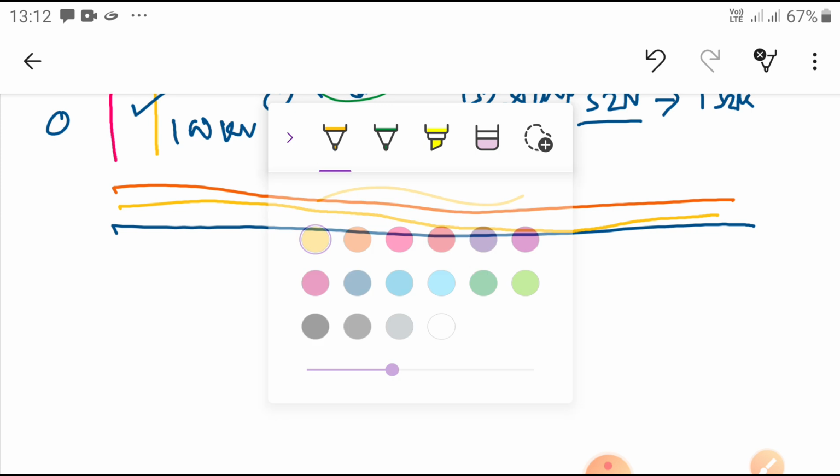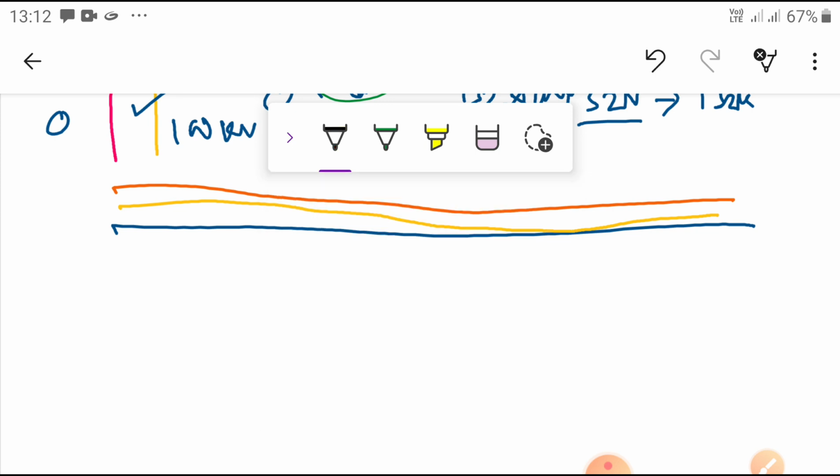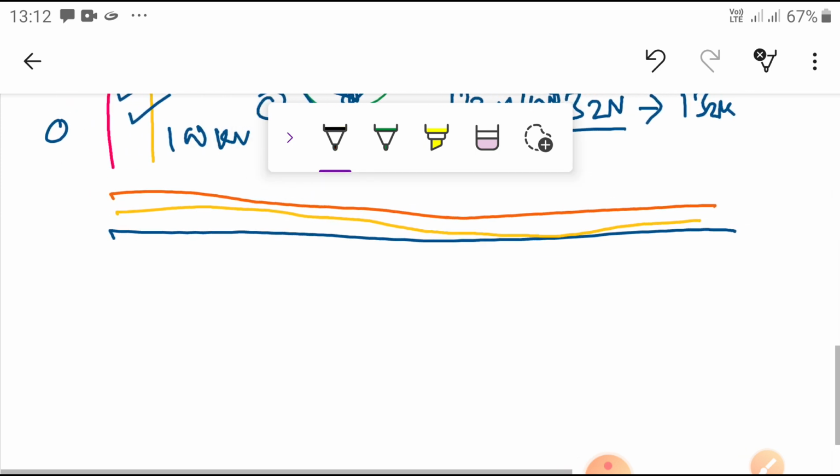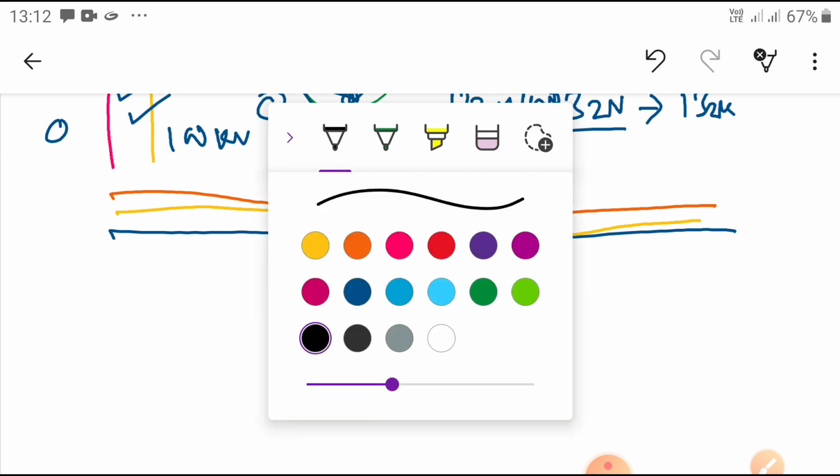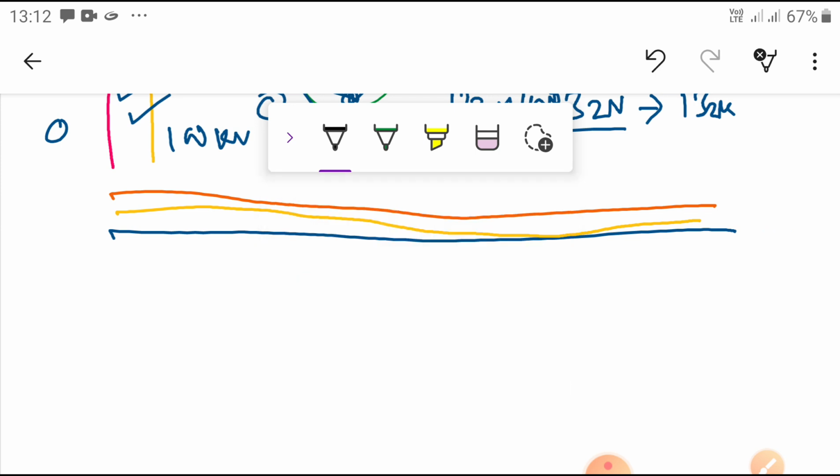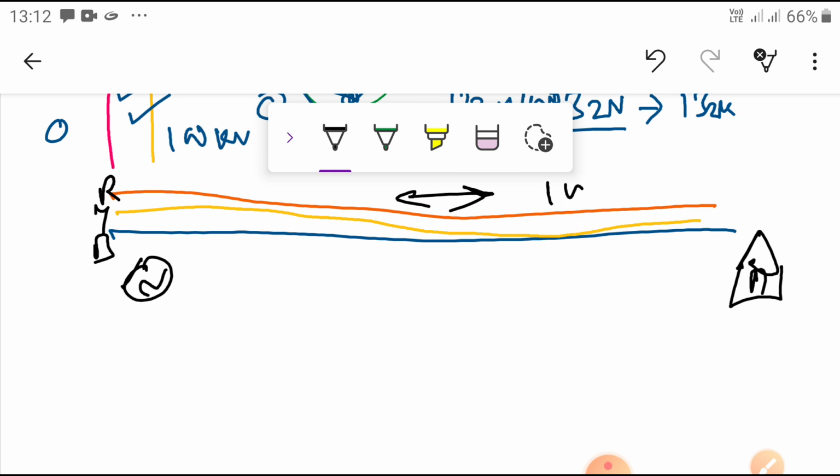So here R phase, Y phase, B phase. Suppose this is a sending station, this is the receiving station, the load center. I want to protect this line. Maybe the distance is, suppose, 100 kilometers.